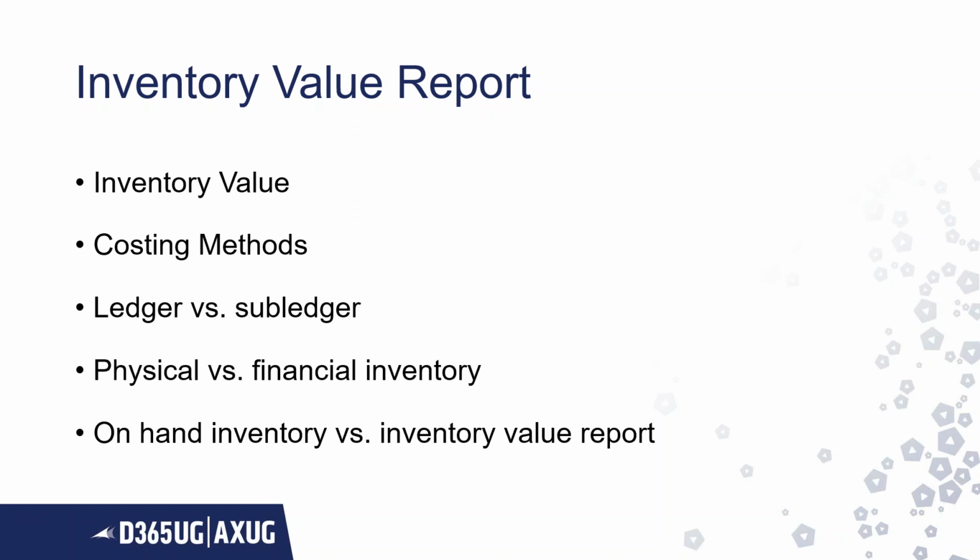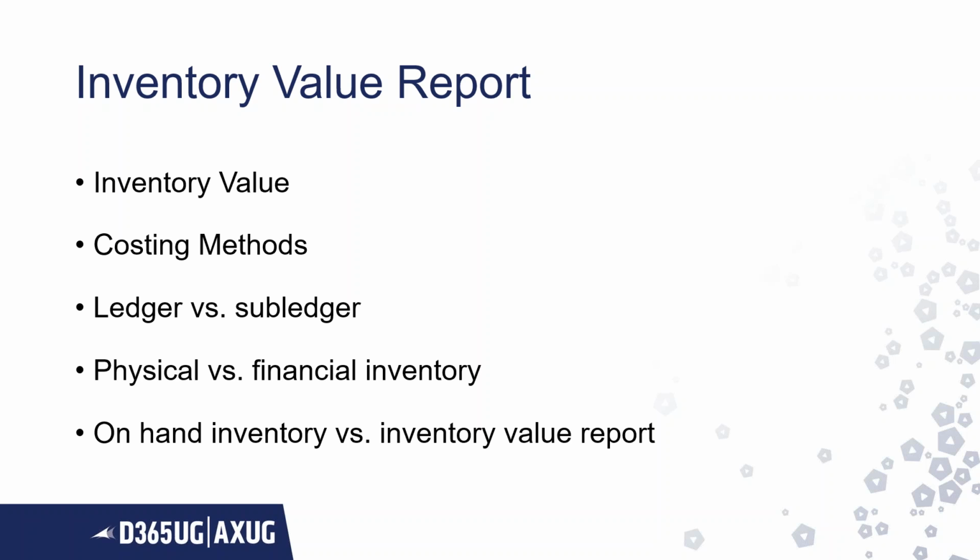But what does that really mean? The value of your inventory is how much the quantity of the inventory that you have on hand in your warehouses costs you to procure. Now this may sound simple, but inventory costing in AX takes a few things into consideration. That being both costing methodology and physical versus financial inventory, as well as a few other things, but we're not going to dive too much into that. Just want to give some basic background.